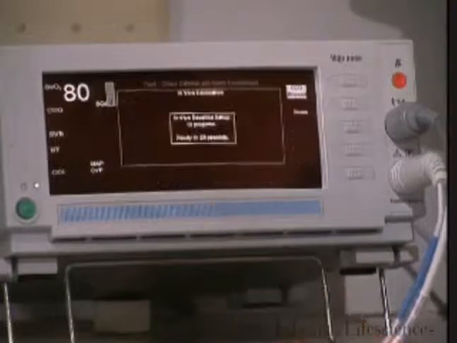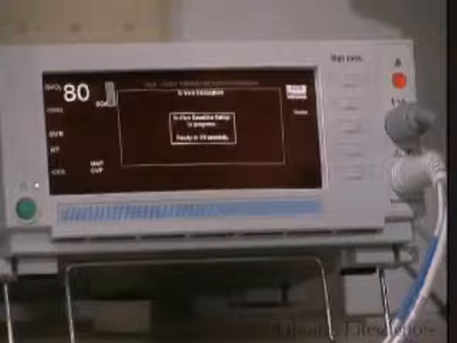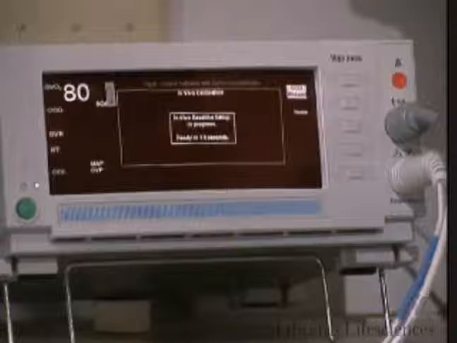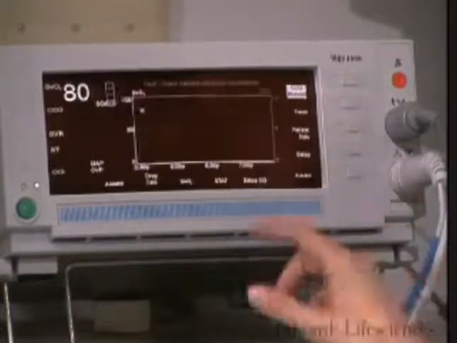Correct in vivo calibration ensures the accuracy of the oximeter system. Perform in vivo calibrations as per the hospital's policy and procedure and follow the manufacturer's instructions. The patient's hemodynamic and oxygenation status should be stable for optimal calibration.